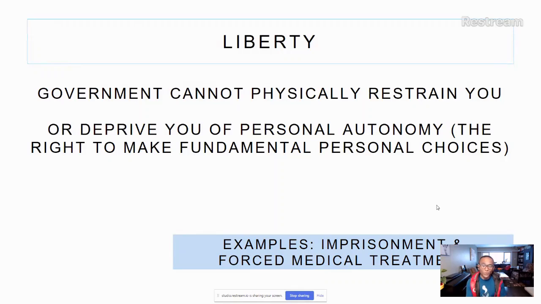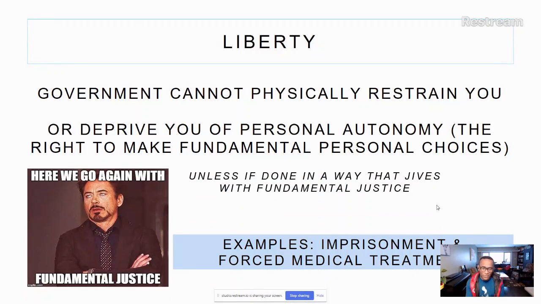The government cannot force you to undergo medical treatment without your consent. Government action cannot lead to your imprisonment. If those things happen, that's a violation of your right to liberty. But we know the government imprisons people all the time. So again, the question becomes, does this jive with fundamental justice?